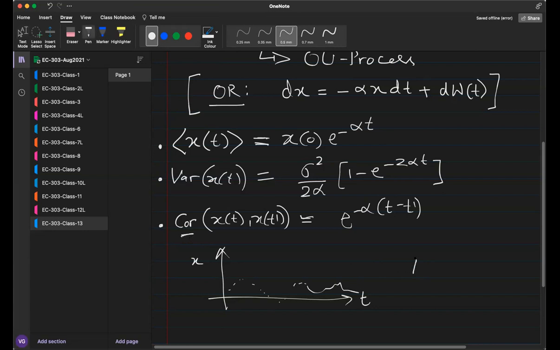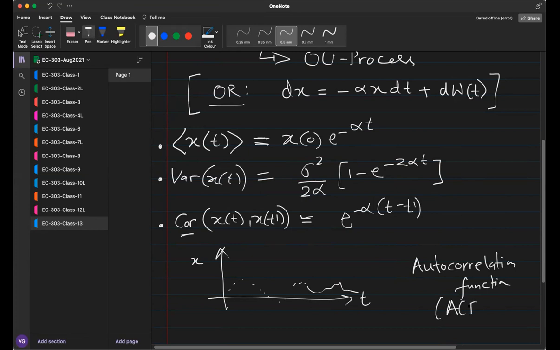It's also called autocorrelation because we're finding correlation between the same variable x and x, but at different time locations. This is called the autocorrelation function, ACF in short.